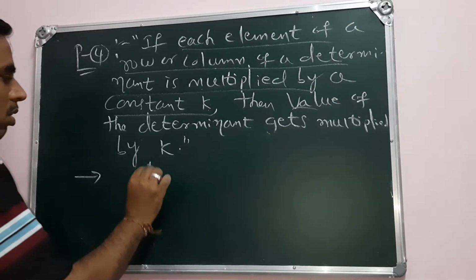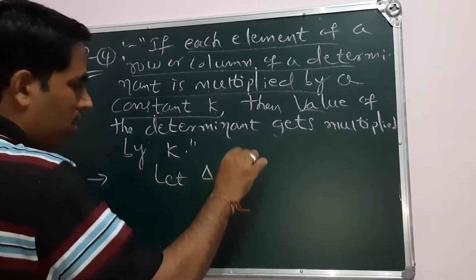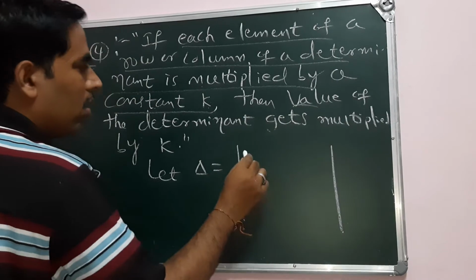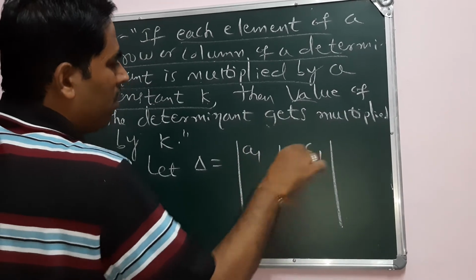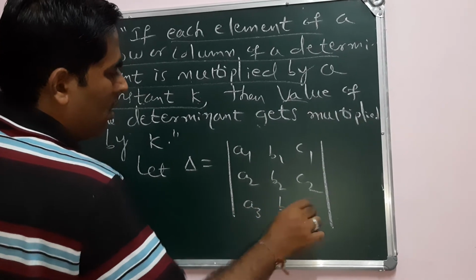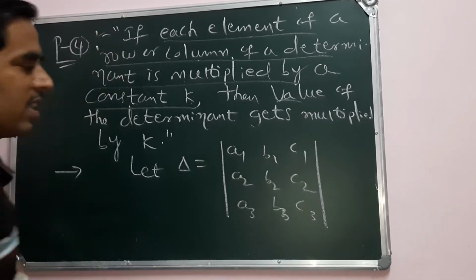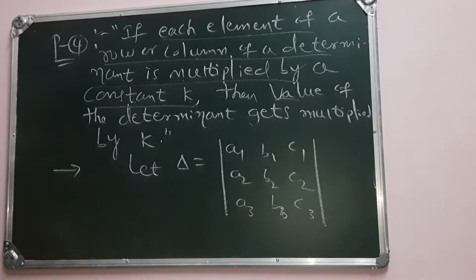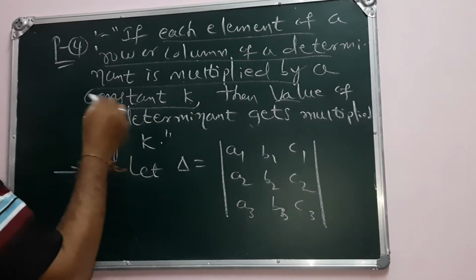Okay, so let us consider the determinant here. Let me take a1, b1, c1, a2, b2, c2. Okay, this is the general determinant. So what is your statement here?